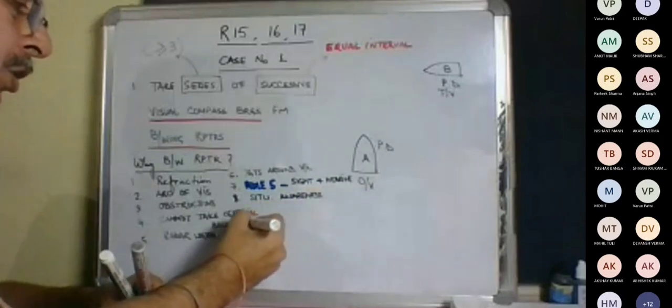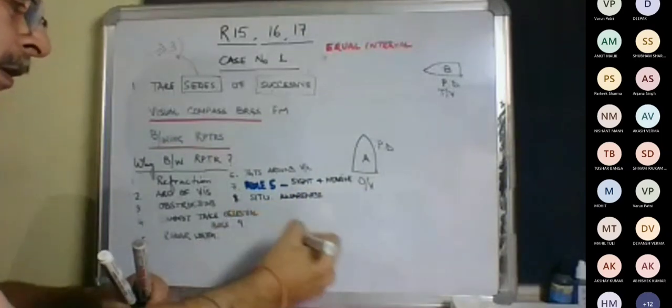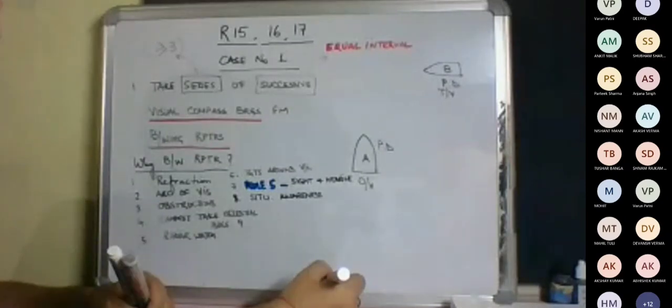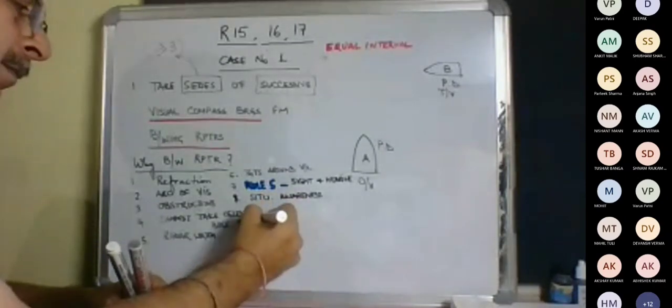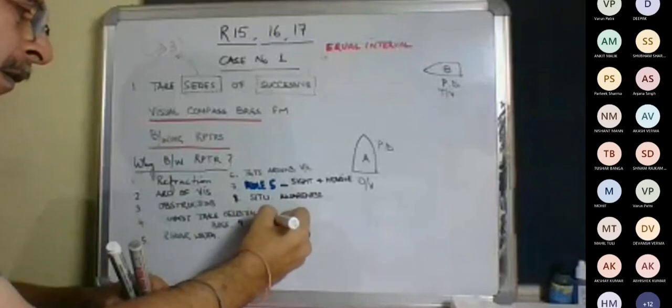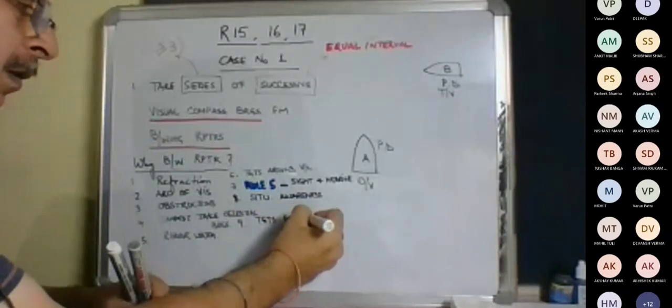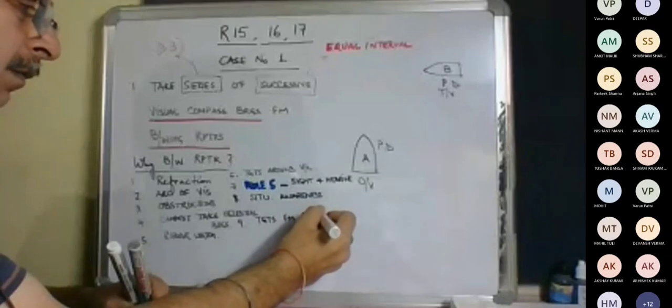You're not aware of any targets which would be coming from behind the vessel, targets coming from astern of the vessel.